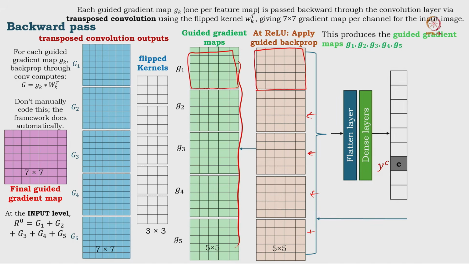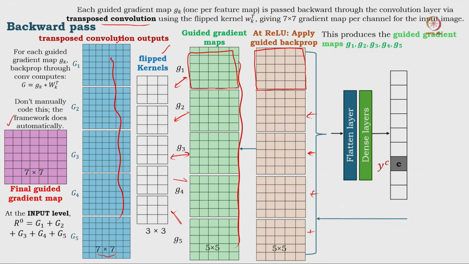Then you are going backward till the input. When you go backward, you are now at a convolution step, and in the backward pass you are going to do a transposed convolution. What is a transposed convolution? First the kernels are flipped, and then you are going to do a multiplication. What multiplication, you will understand now. And then you are going to obtain this set of matrices where the size has increased.